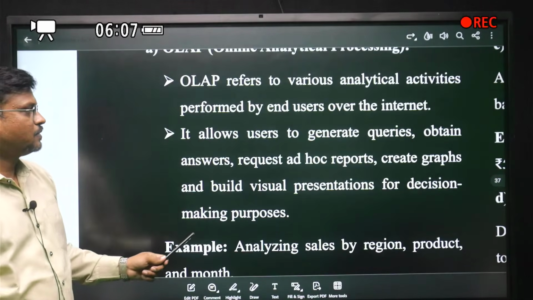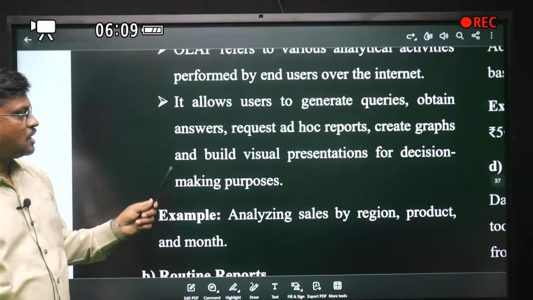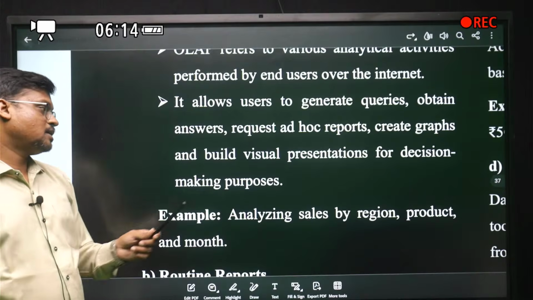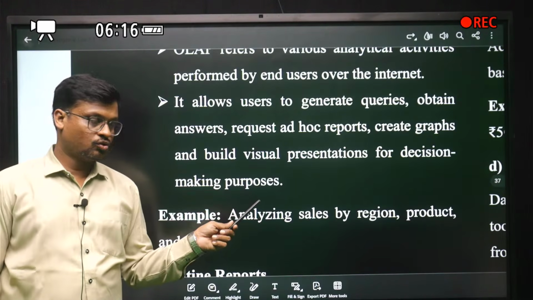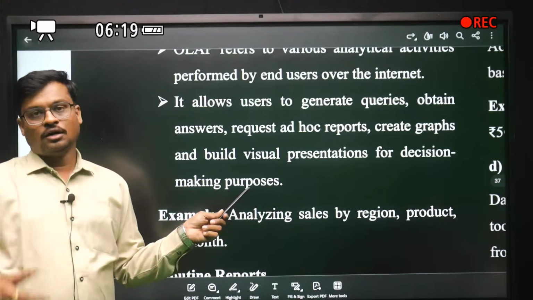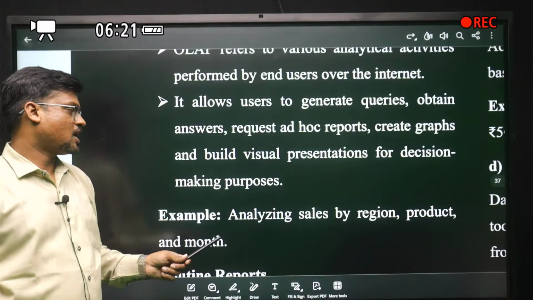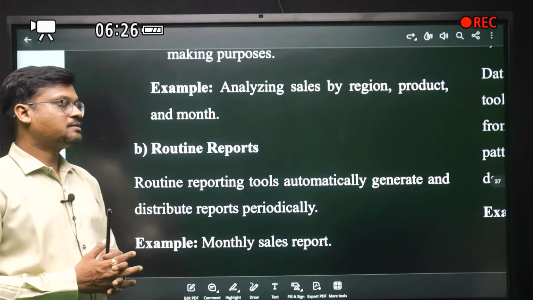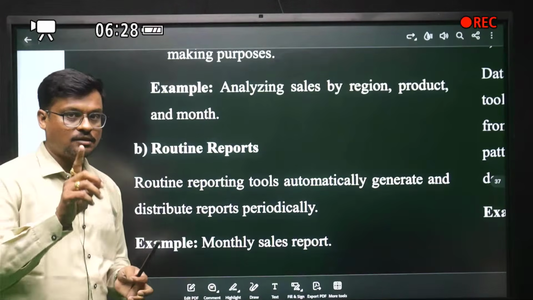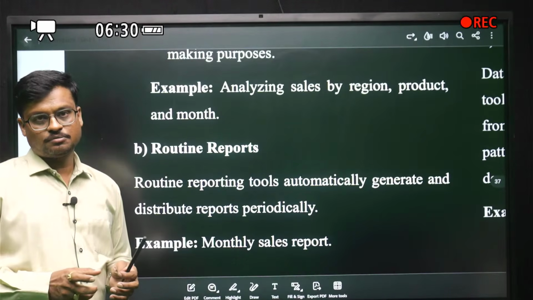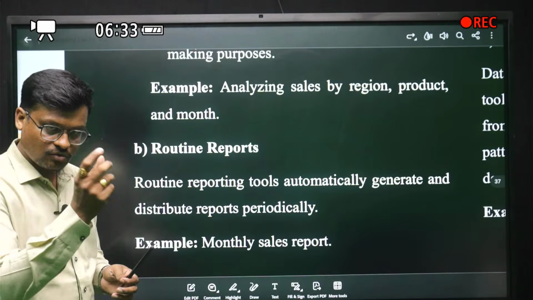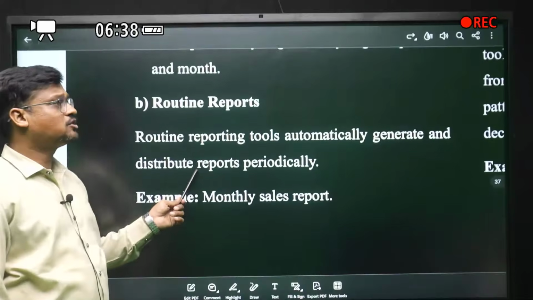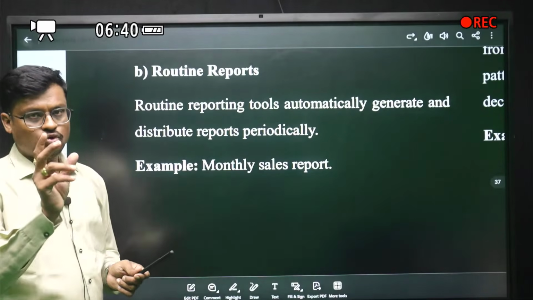It allows users to generate queries, obtain answers, make ad hoc requests and get the responses immediately, and creates visualization for the user by implementing graphs, charts, and other visualization techniques. Example, analyzing the sales by region, product, and month at a time. On a single view, we will be able to get the information related to region, product, and month. This is the important thing of OLAP because it stores the data in the form of cubes.